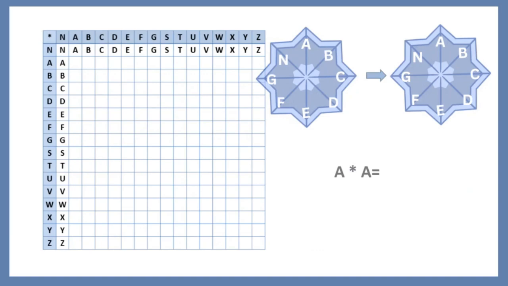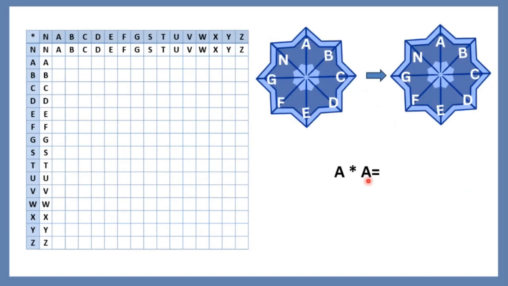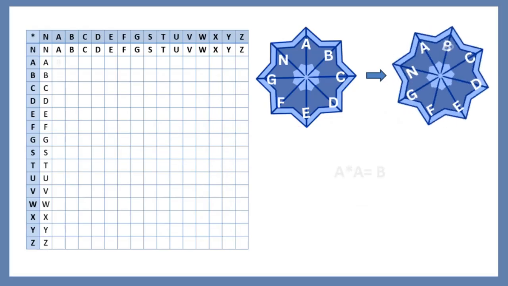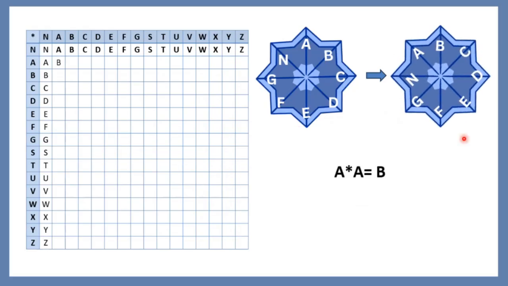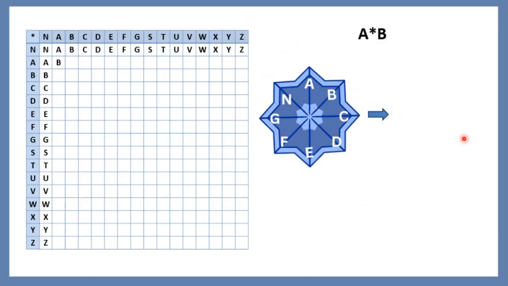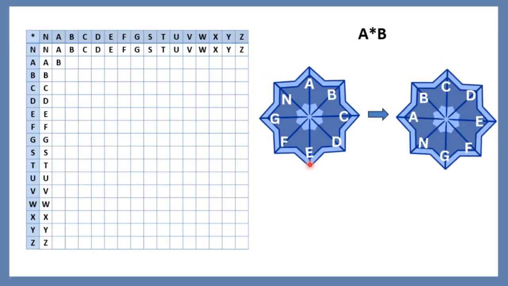Then next we have A star A. So when we rotate this model to 45 degrees counterclockwise, we'll get an answer of B. Then next we have A star B. So when we rotate this model to 90 degrees counterclockwise, this will be the result.